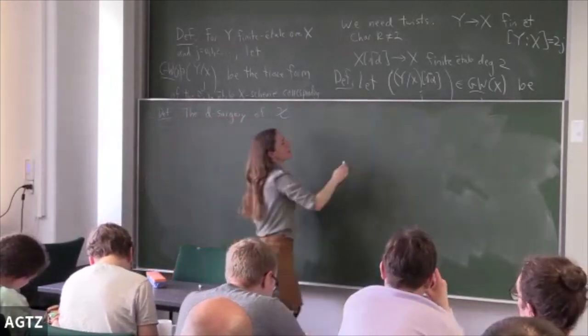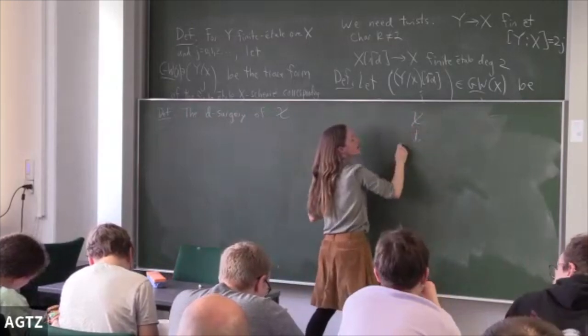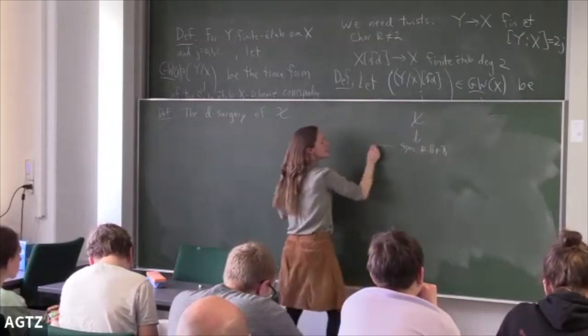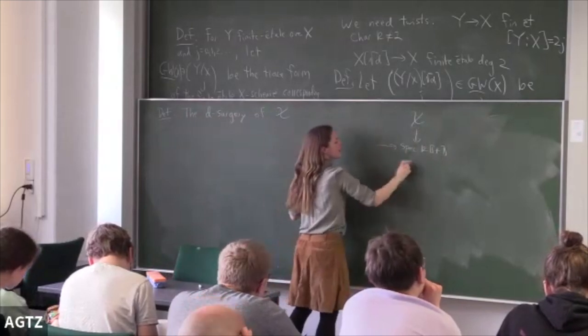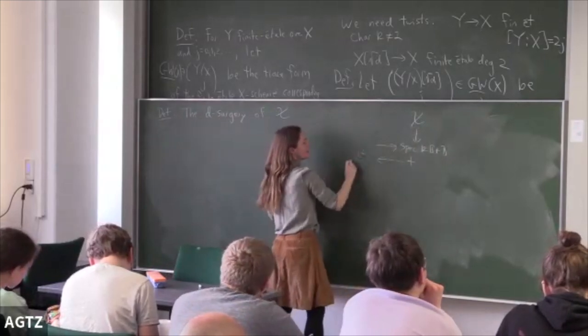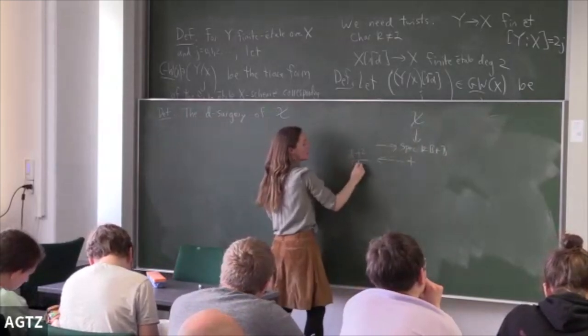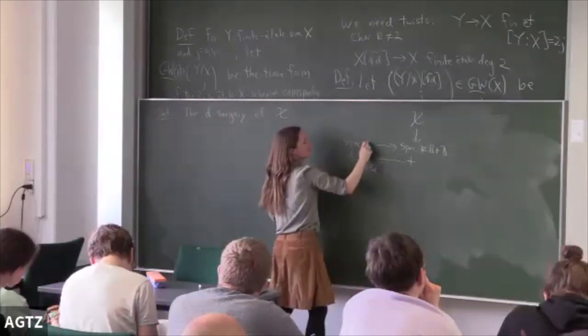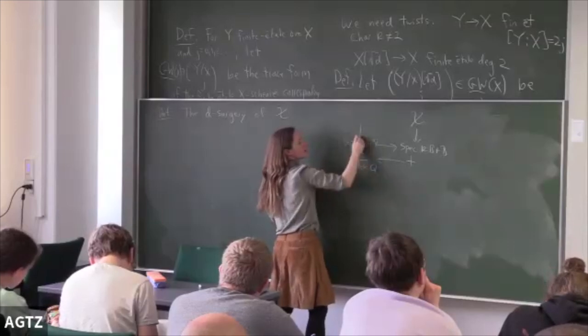So the D surgery X twiddle D is what happens when we take X over spec K of T, and we map T to T squared times D over the discriminant of the quadratic Q, and we have some pullback.